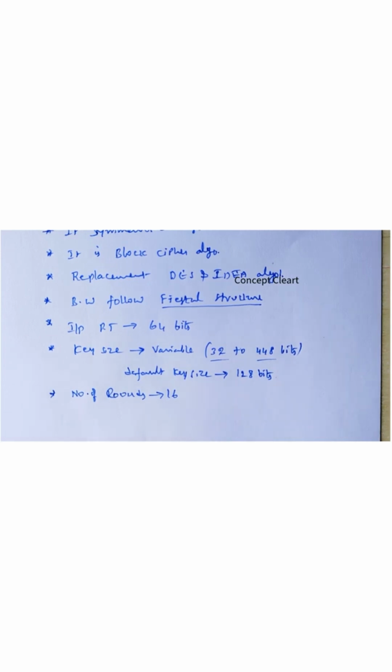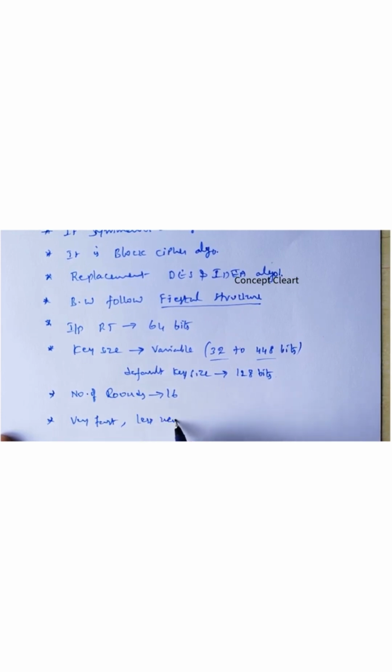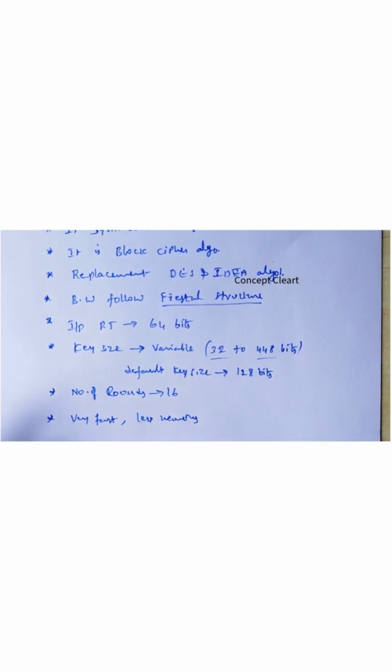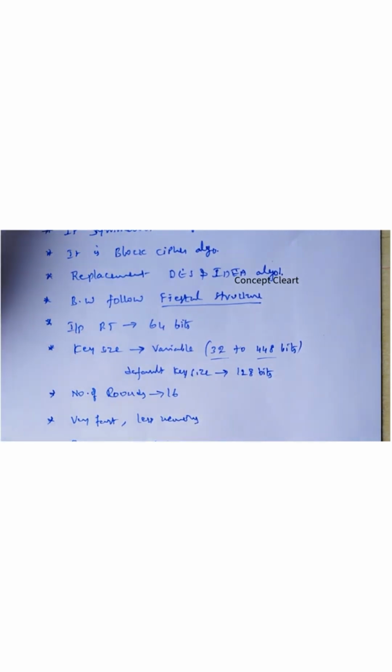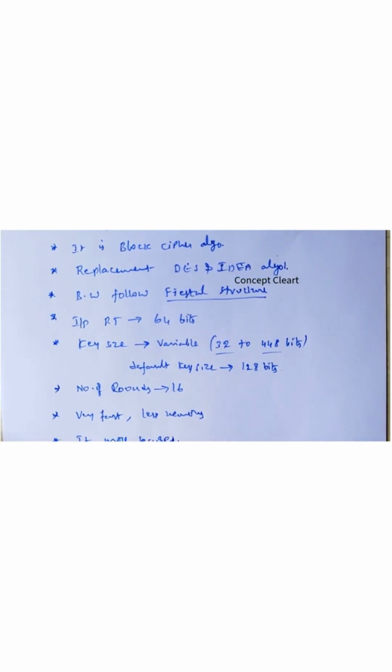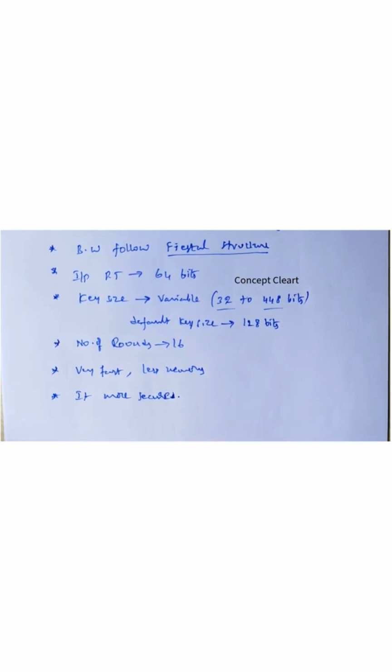And what are the advantages? It is very fast, takes less memory, and it is more secure. Why? Because even if the attacker knows you used the Blowfish algorithm, he can't decode our messages, because he can't know the key size.